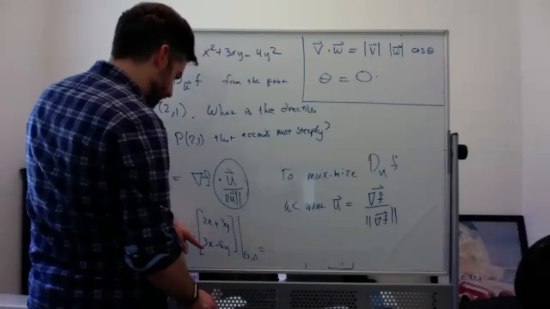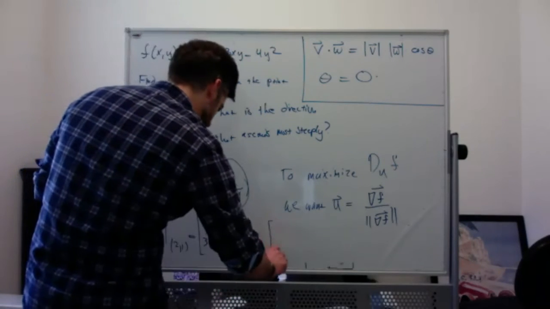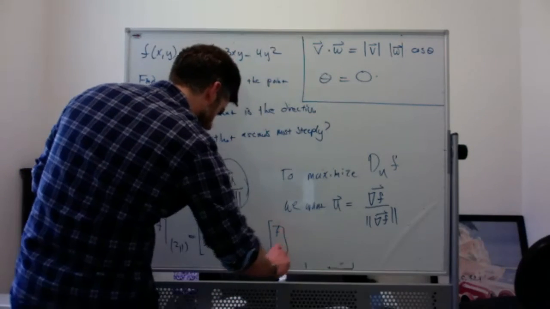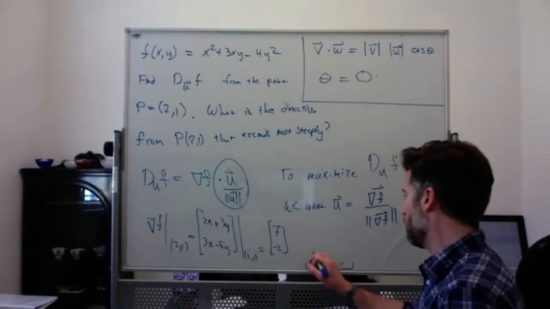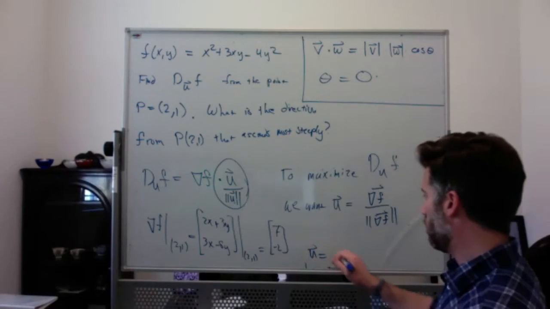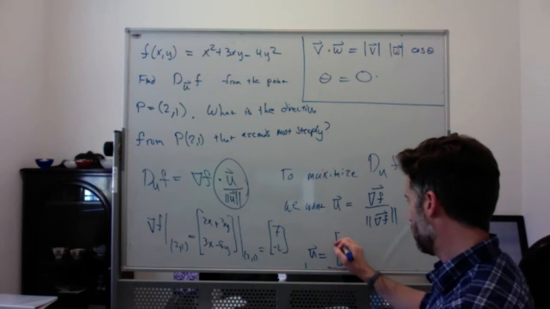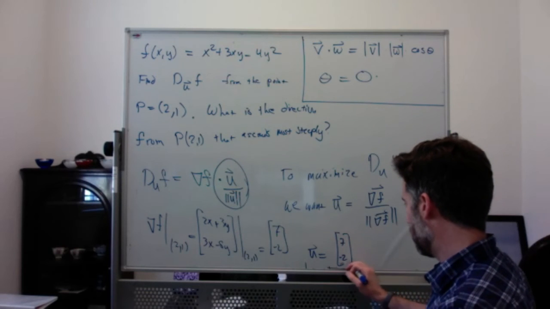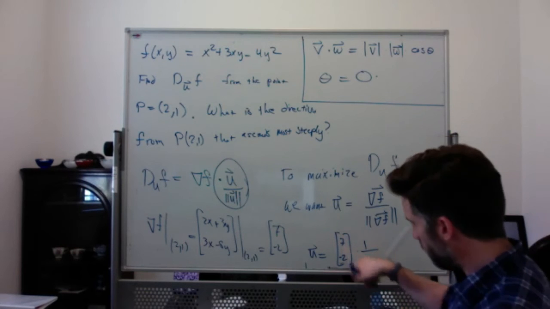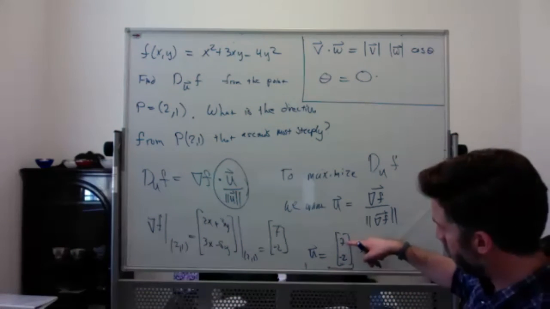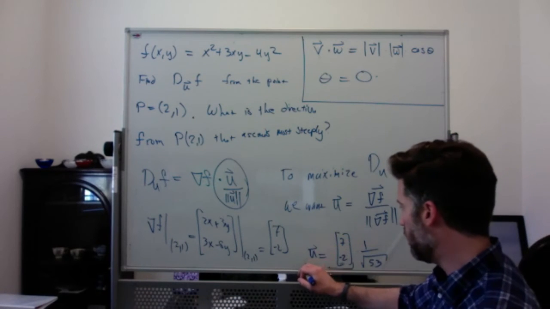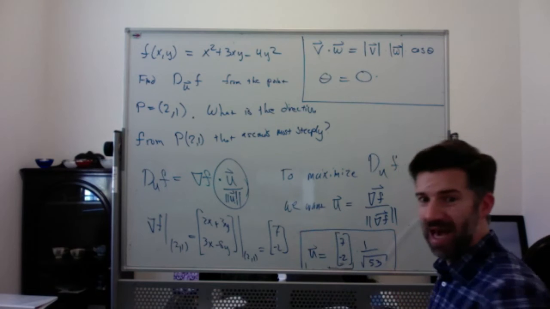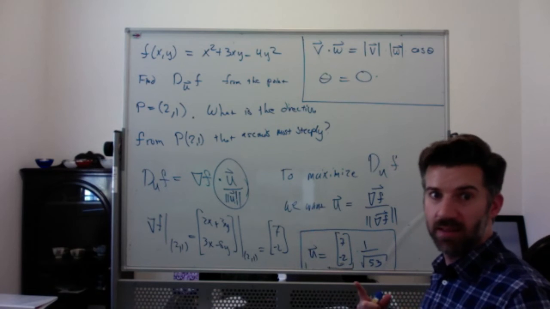So I get 7 and -2. And so then my answer here would be that u is this vector, 7, -2, divided by the magnitude of that vector, which is the square root of 49 plus 4, which is 53. So this would be the direction of steepest ascent.